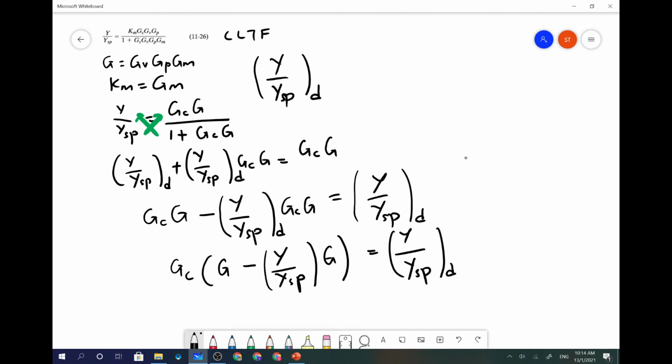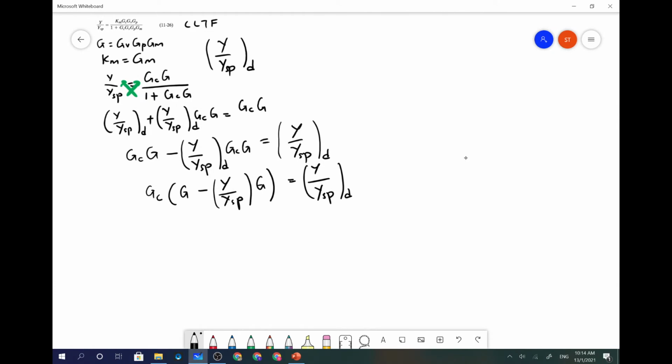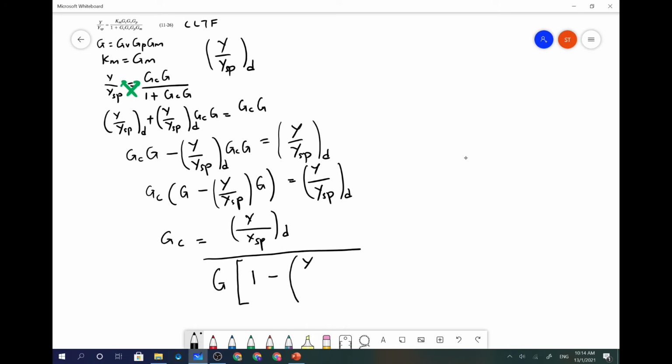So we make our GC as our subject. So GC is equal to 1 over G, Y over Y sp d over, we factorize G, so we have 1 minus Y over Y sp d.